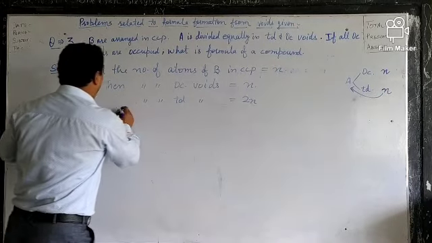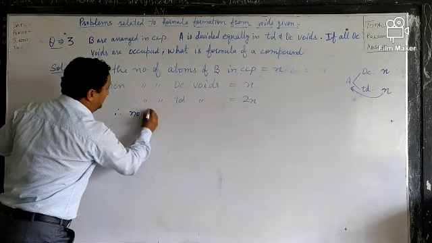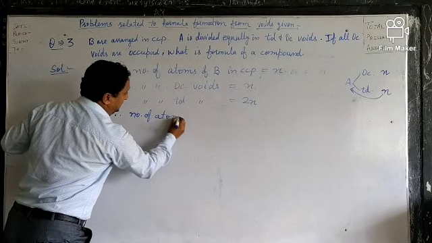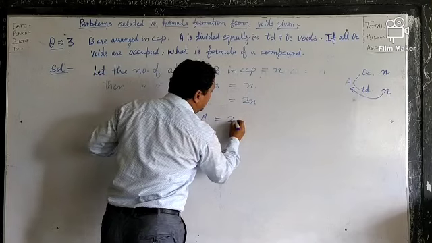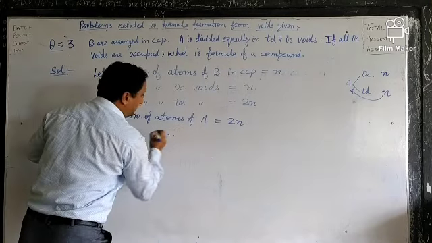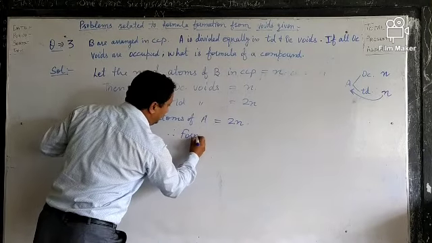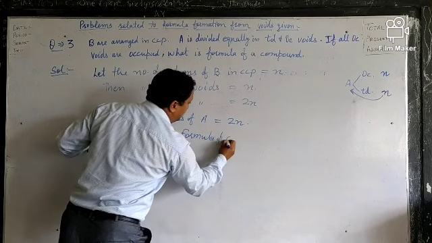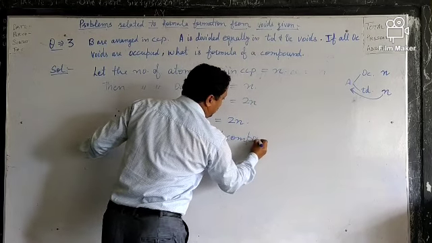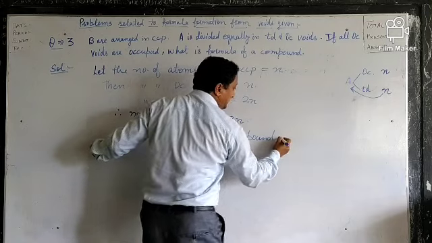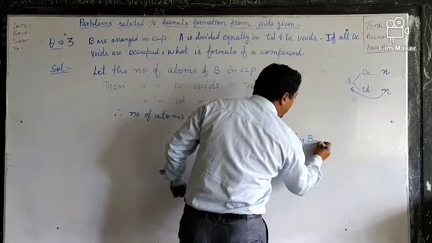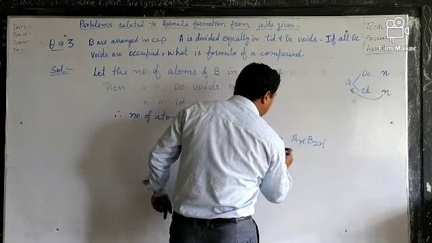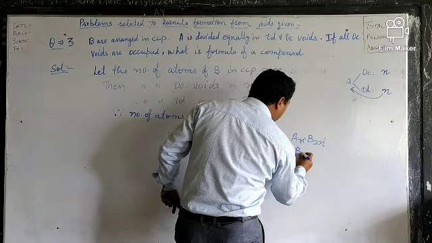So therefore the number of atoms of A is equal to 2n. Therefore the formula of the compound will be A2n B n. It will cancel the n, so it becomes A2B.